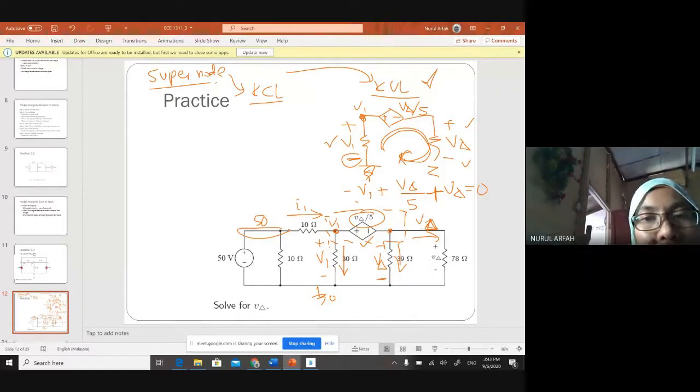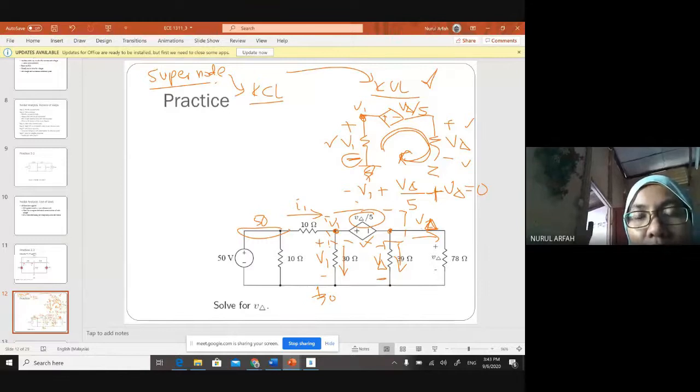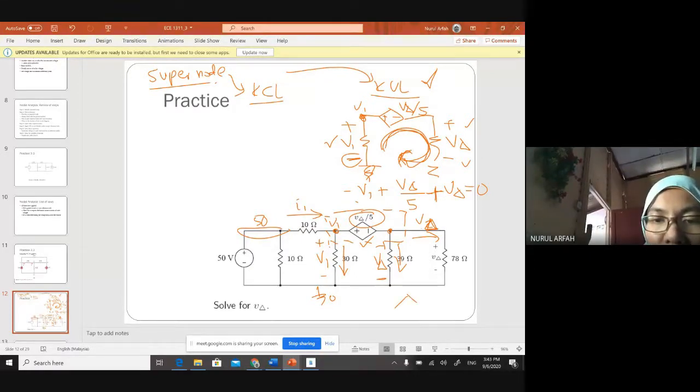Or if you don't want to go around the loop like this, you can do the normal steps we had, plus minus like this, and this is V1, and the other side is V delta, and this is V delta over 5, the value for this.